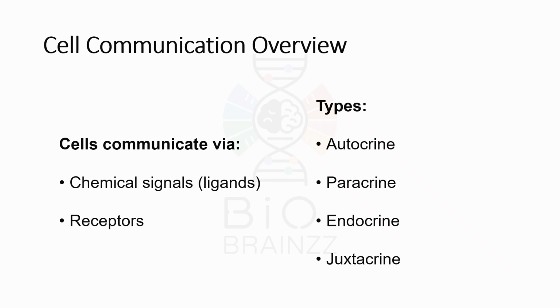Autocrine, where the cell signals itself. Paracrine, where nearby cells are targeted. Endocrine, where signals travel long distance through blood. Understanding these types is important for both theory and application-based questions.